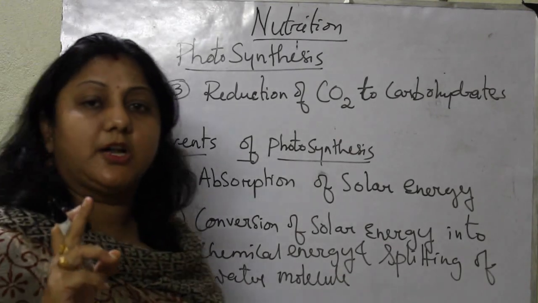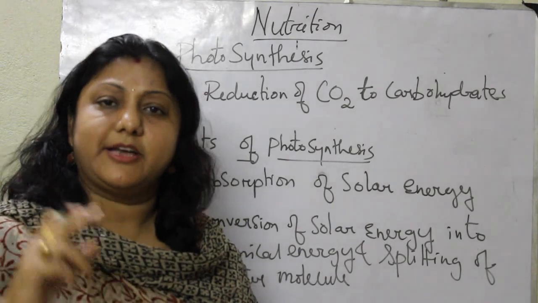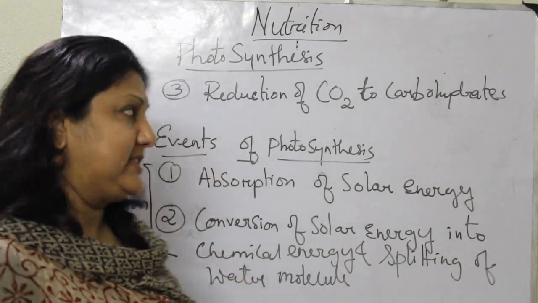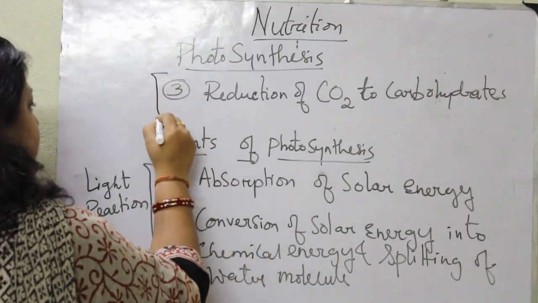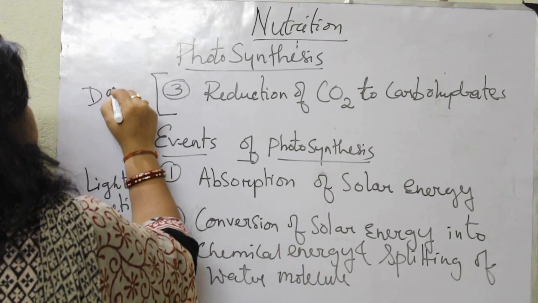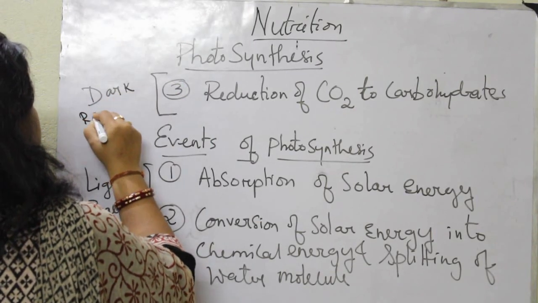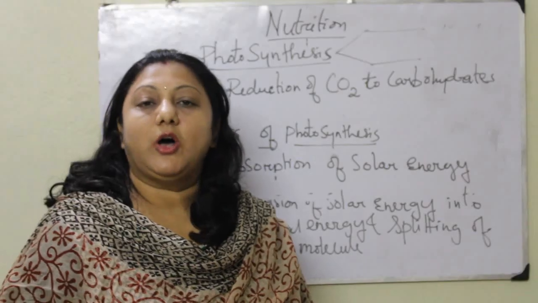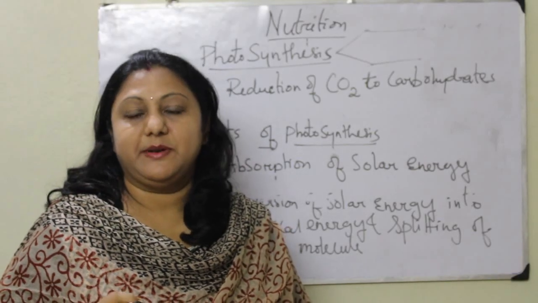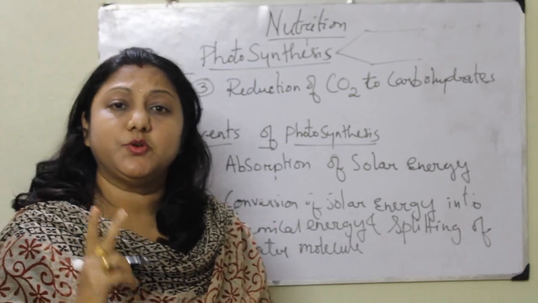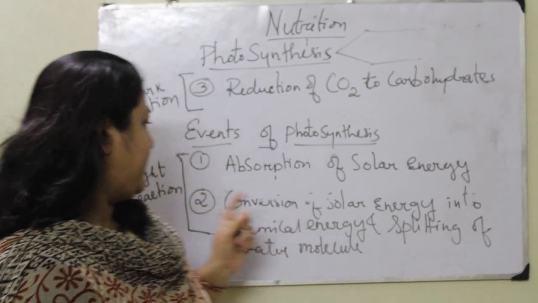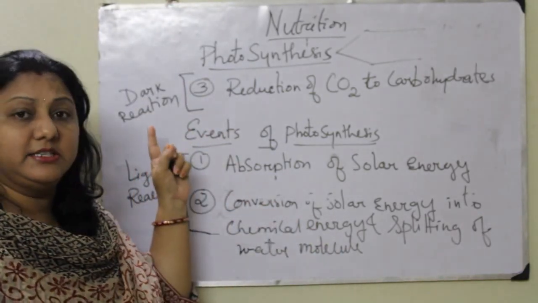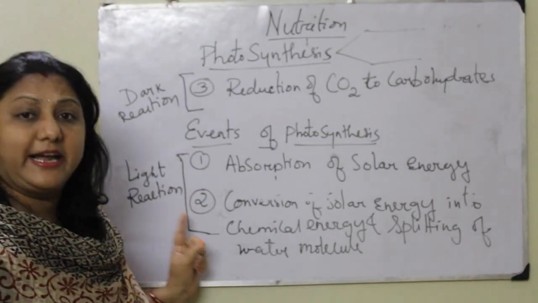These two steps are called the light reaction of photosynthesis. Now the third step is called the dark reaction of photosynthesis. So how many reactions are taking place during photosynthesis? There are two reactions. One is the dark reaction, the other one is the light reaction.